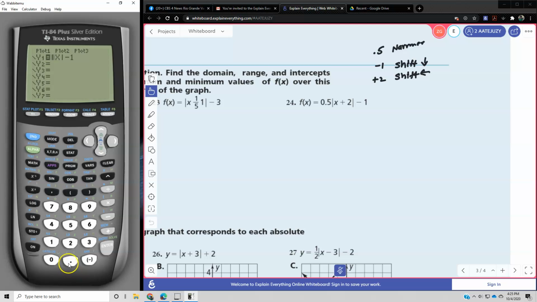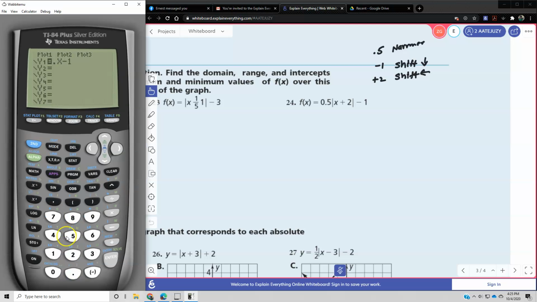So it's 0.5, and then you go to math, number, absolute value of x, +2, and then you have a -1.